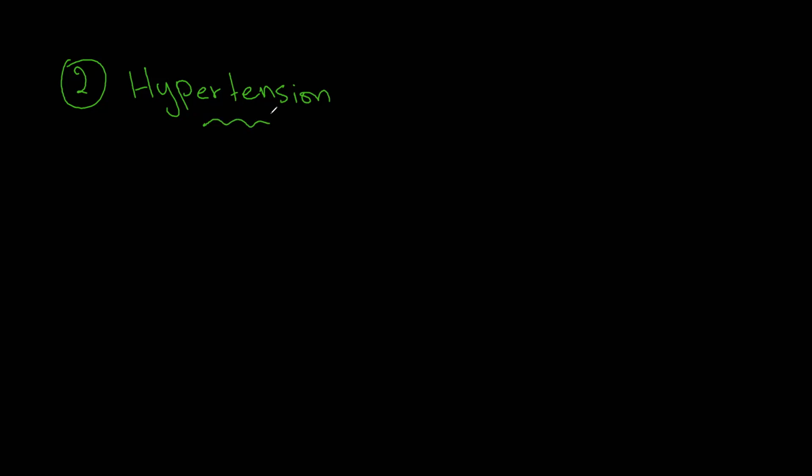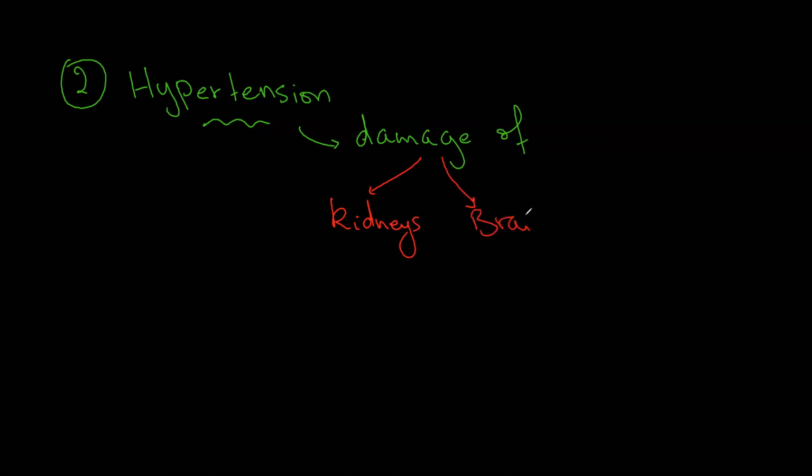Here, because the arteries are narrowed, they add to the high blood pressure, and this may lead to damage of some organs. The most important organs that are damaged are the kidneys, and I'm going to explain now why, and the brain of course, and the eyes.